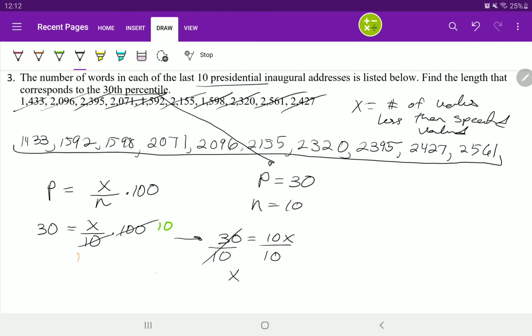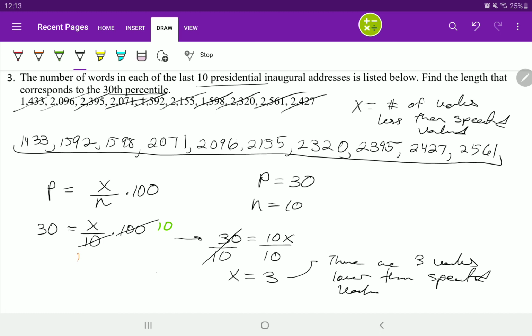That means X equals 3. Now remember, X equals the number of values that are lower than the specified value. There are 3 values lower than the specified value.